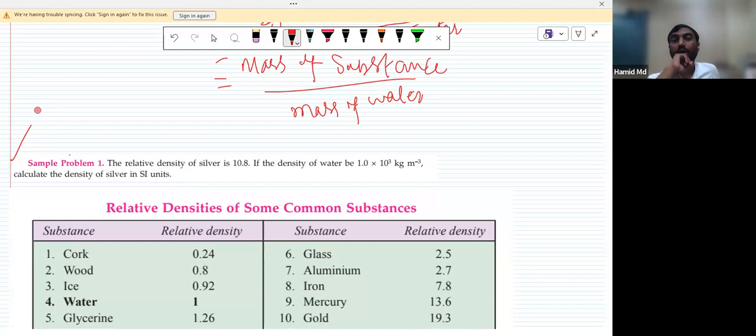Sir, for the 1.0 into 10 cube kilogram per meter cube, can I just write it as 10 cube, without kilogram per meter cube? Because it's multiplying into 1, that's why I thought so. Yeah, of course. You don't need to write the dimension.